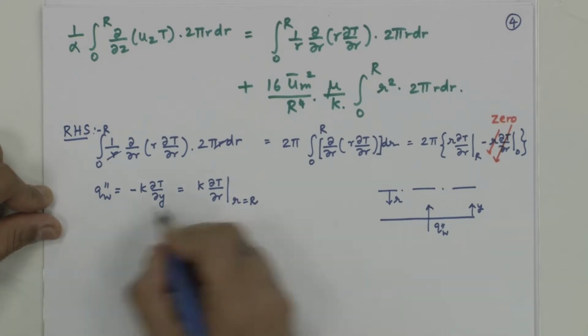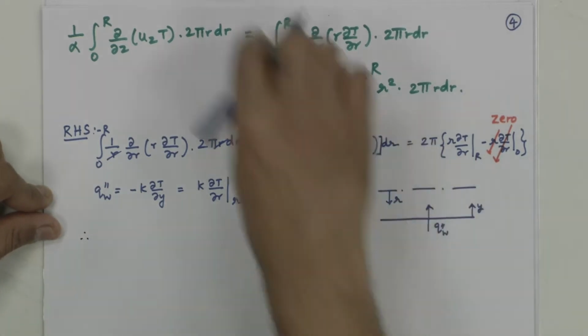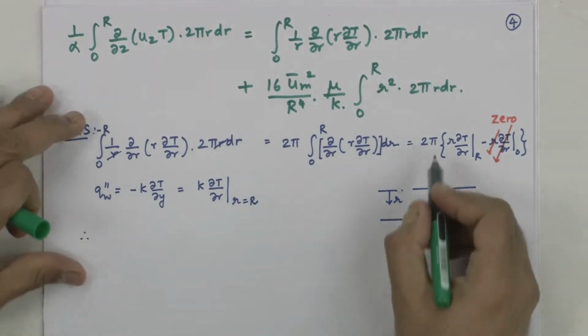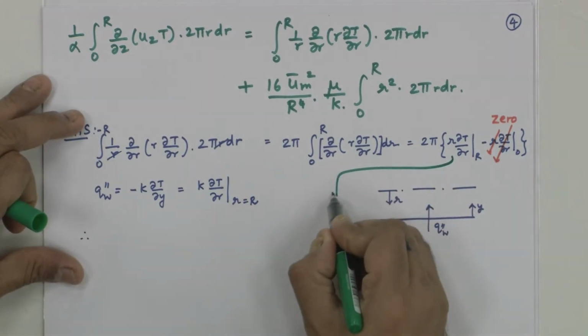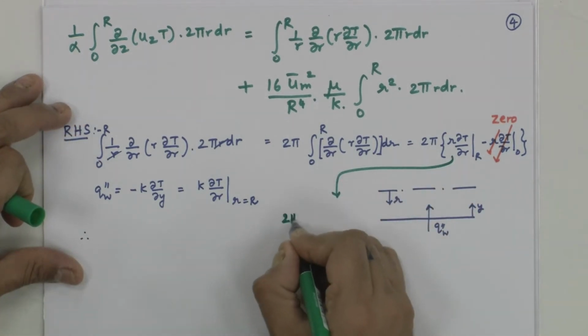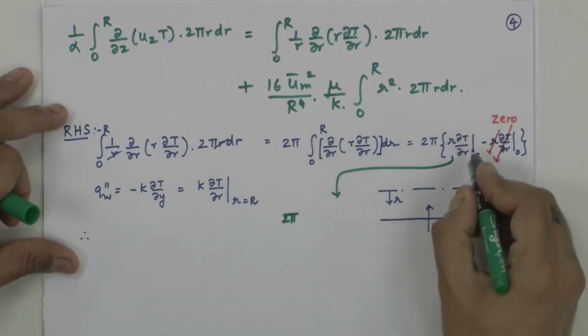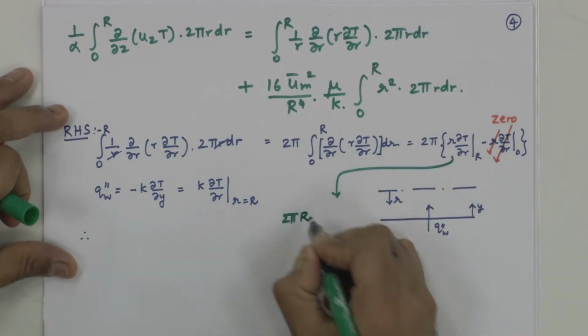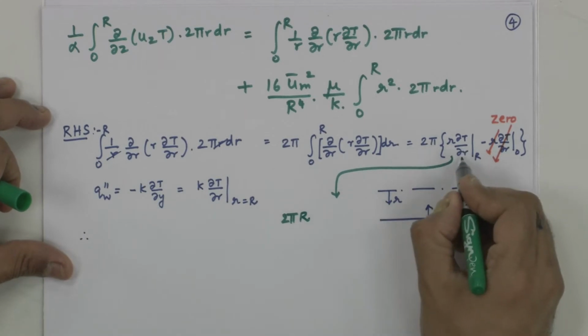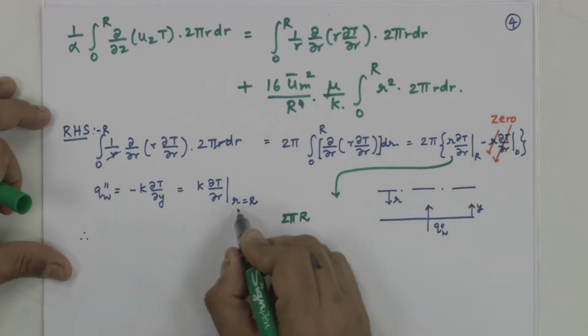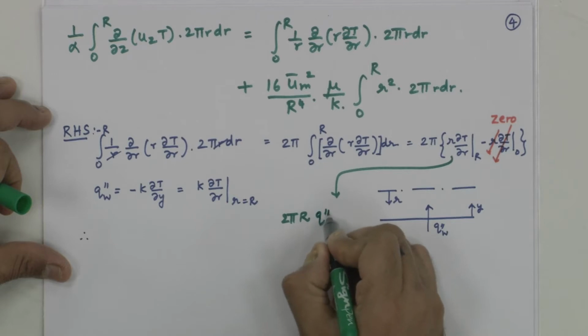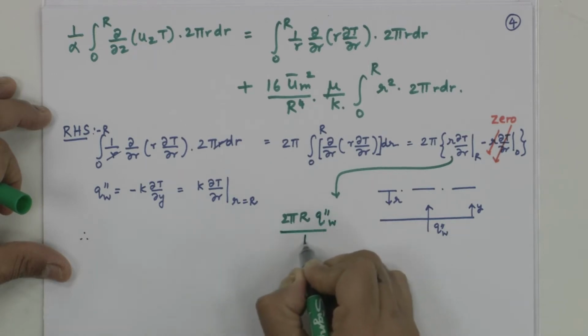Therefore, this term, if I just write it here, is now going to be 2 pi as it is. r evaluated at capital R would be simply capital R. dT by dr at capital R is nothing but q double prime by k.